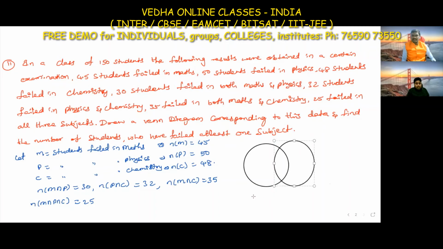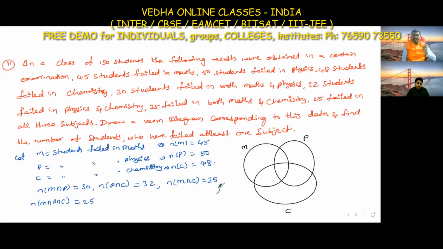So here one is math, and physics and chemistry. Math, physics and chemistry. So how do we draw the Venn diagram? How to take the Venn diagram values? This is very important. Always remember, we go in the reverse way.